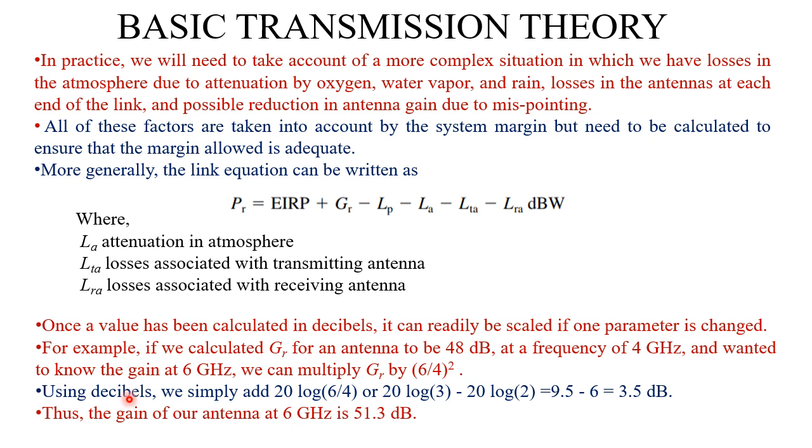Now in decibel unit, we can simply add 20 log 6 by 4, that is 20 log 3 minus 20 log 2, that is 3.5 dB. So the gain of the same antenna at 6 gigahertz will become 51.3 decibel.